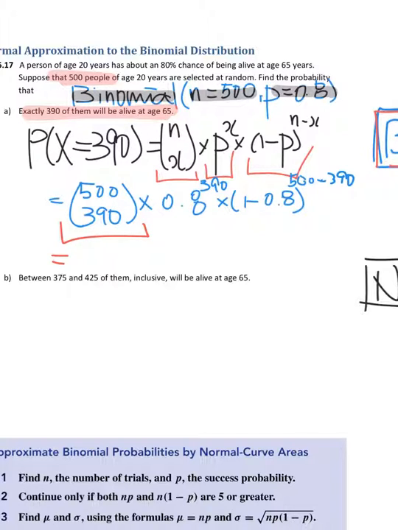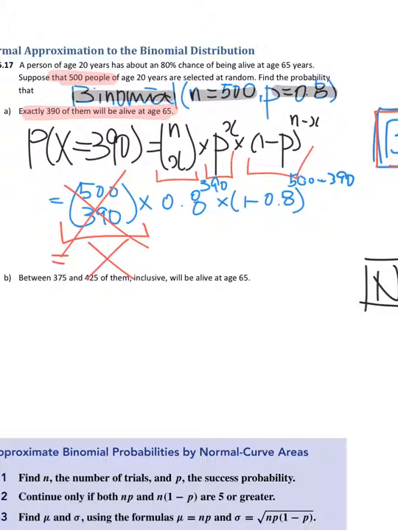Yeah, it showed overflow. We can't. How can we do it? Your calculator doesn't give us the answer. How many combinations? 500 C 390. Are you going to give up? Please don't give up.